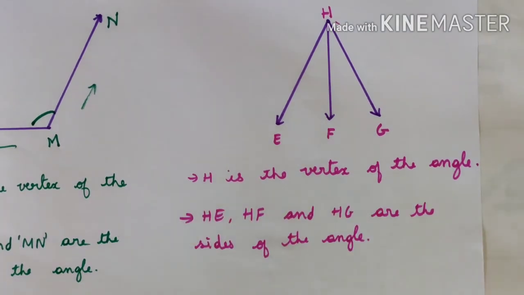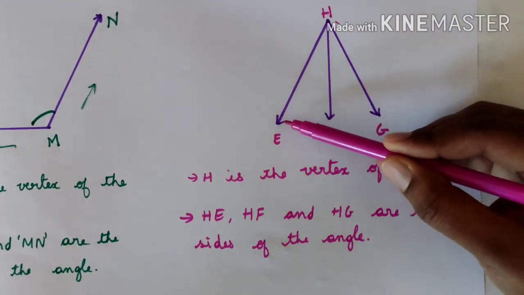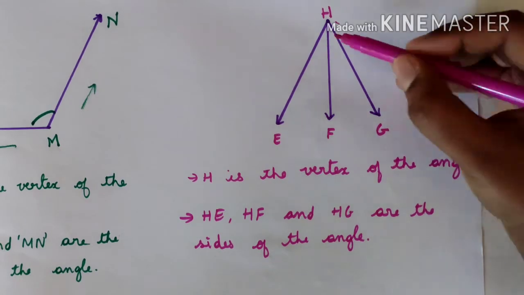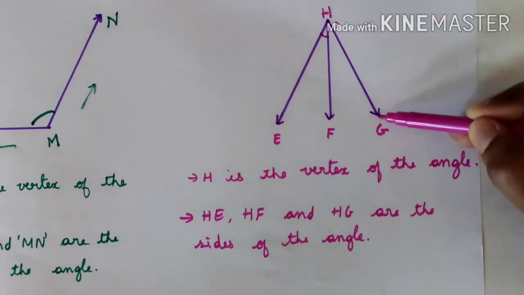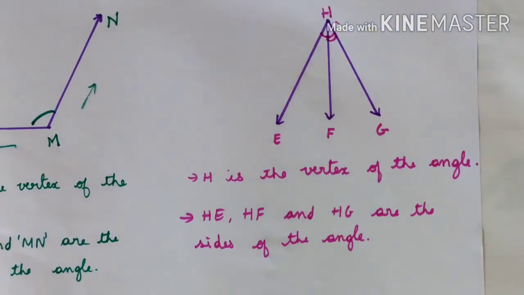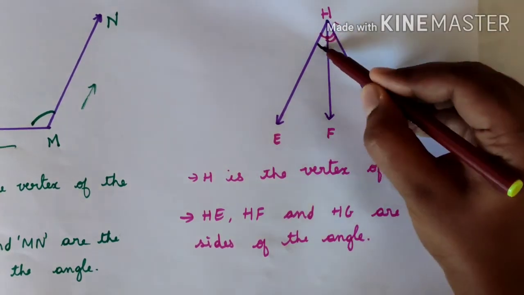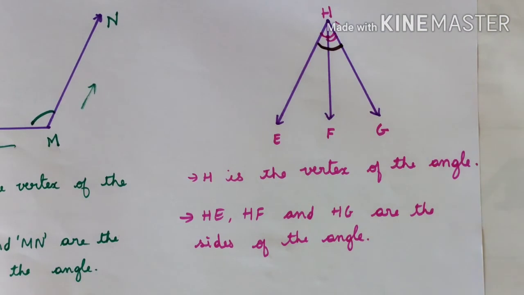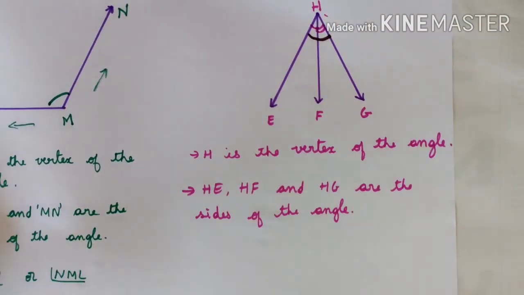Now which are the angles formed? Starting from the first ray, first angle is EHF, second one is FHG, and if you see carefully, the biggest angle formed here is EHG. So there are three angles formed in this figure. So let us write the angles formed.